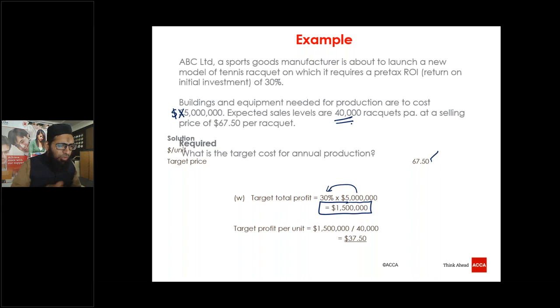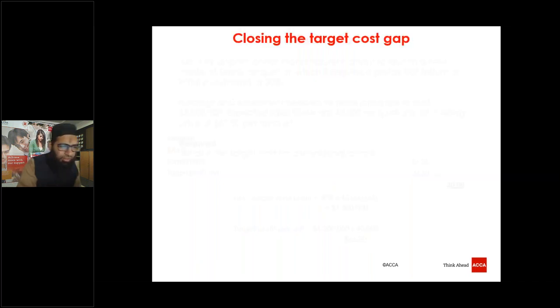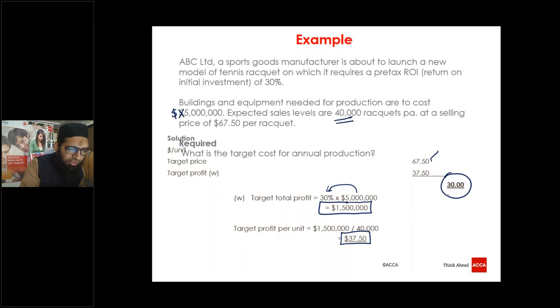That means my per unit target profit will be 37.5. So if I subtract the target profit from my target price, I will get the answer of $30, this $30 is the target cost. Have you understood that?